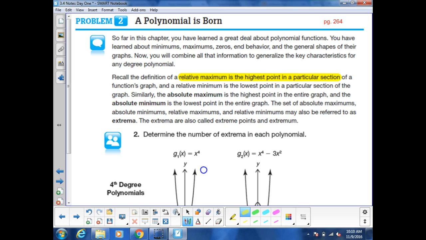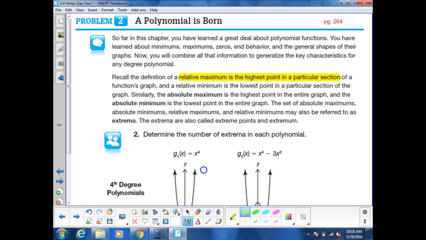So a relative maximum in Marathon County would be Rib Mountain. In this section of Wisconsin, Rib Mountain is a relative maximum.